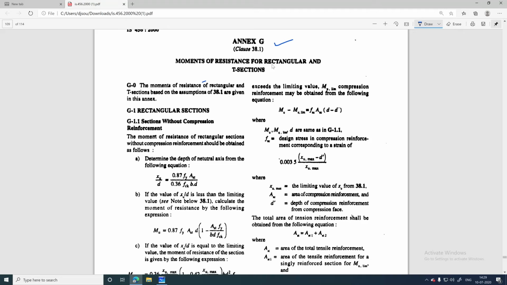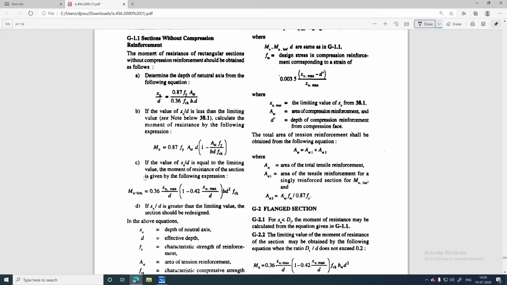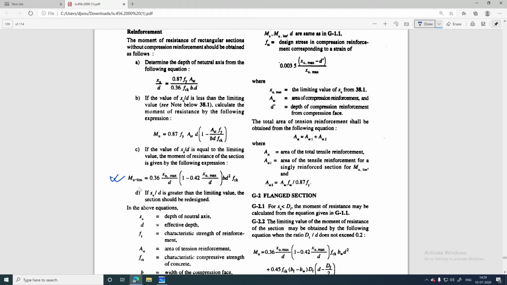Here you can see this is Annex G, and to check the effective depth you need to consider this formula: Mu limit is equal to 0.36 xu max by d into (1 minus 0.42 xu max by d) into b d square fck. This xu max by d you already know; for Fe 415 it is 0.48. We have also shown you how this value came in the previous classes, and I will also show you how this formula came. There is no need to remember this particular thing. Look, it is very simple.